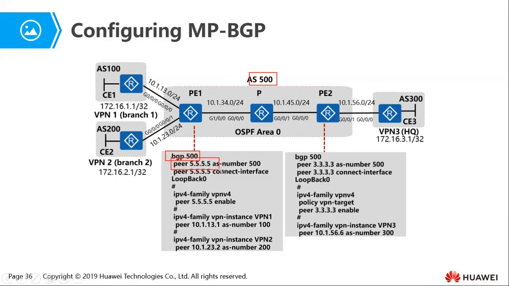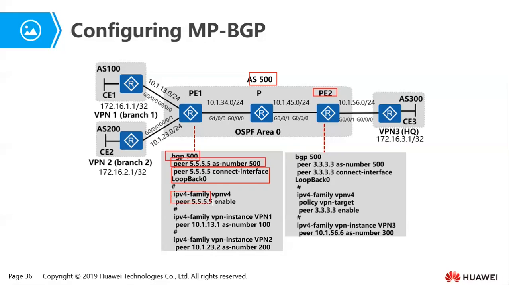Then we want to peer to PE2, which is 5.5.5.5. It's in the same AS, so we are going to form an IBGP. The connect interface is loopback 0, so we are using loopback 0 to create this BGP peering.